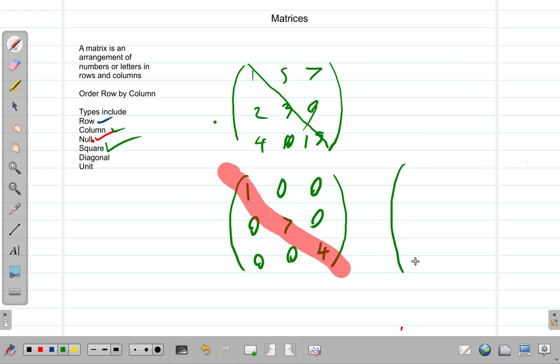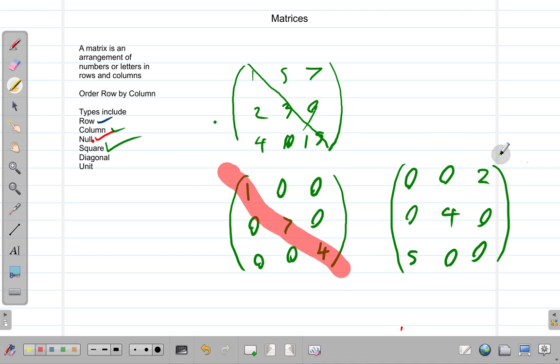If you have a matrix like this, let me write that again: 0, 0, 2, 0, 4, 0, 5, 0, 0. That's not a diagonal matrix. Here, all the elements are 0 except these in the diagonal, but this is not the leading diagonal.